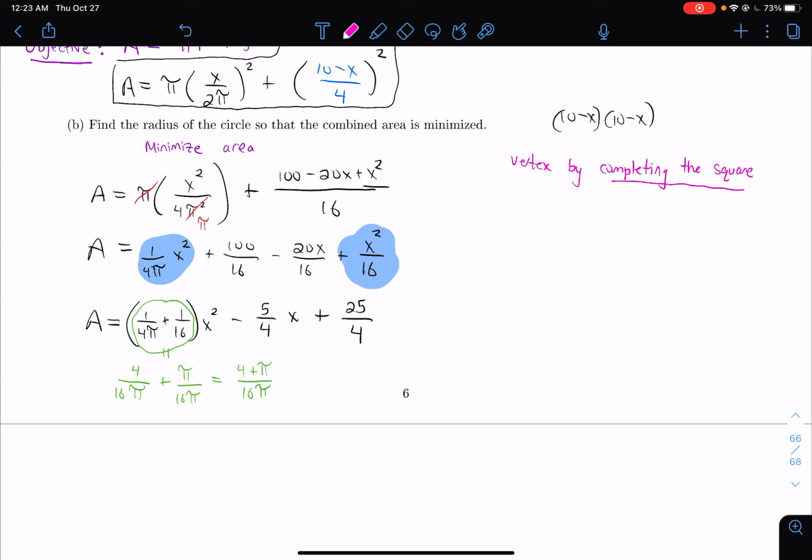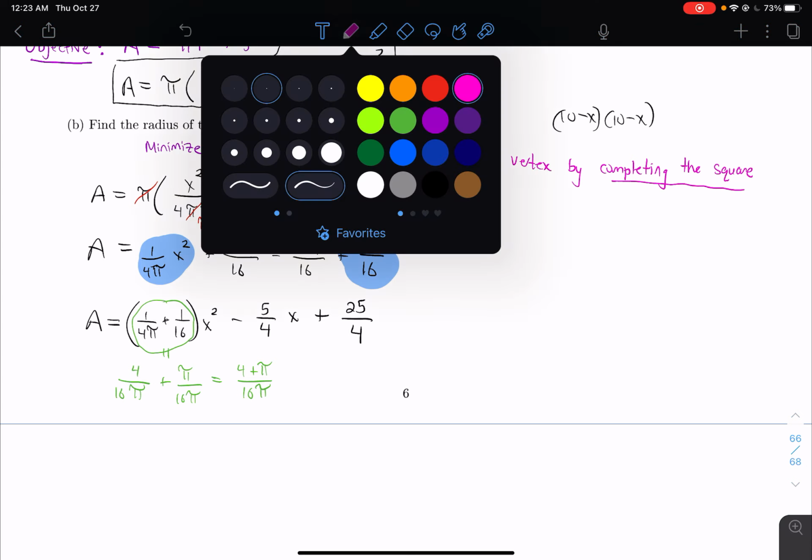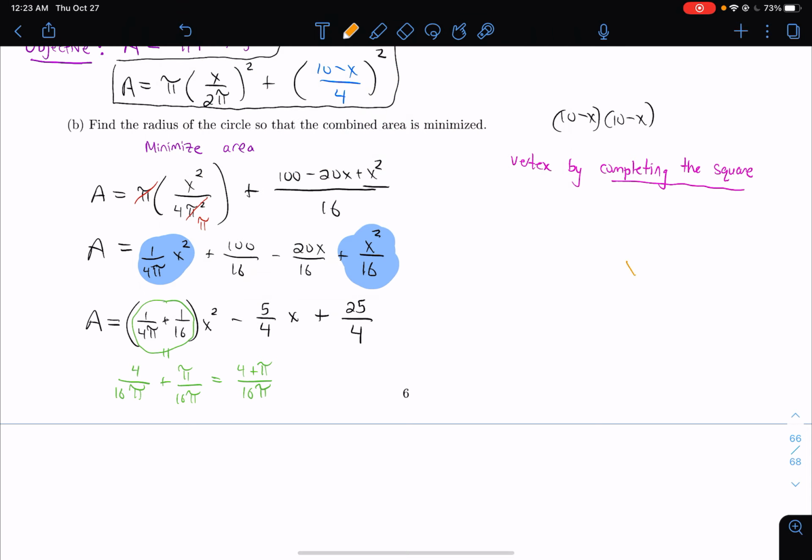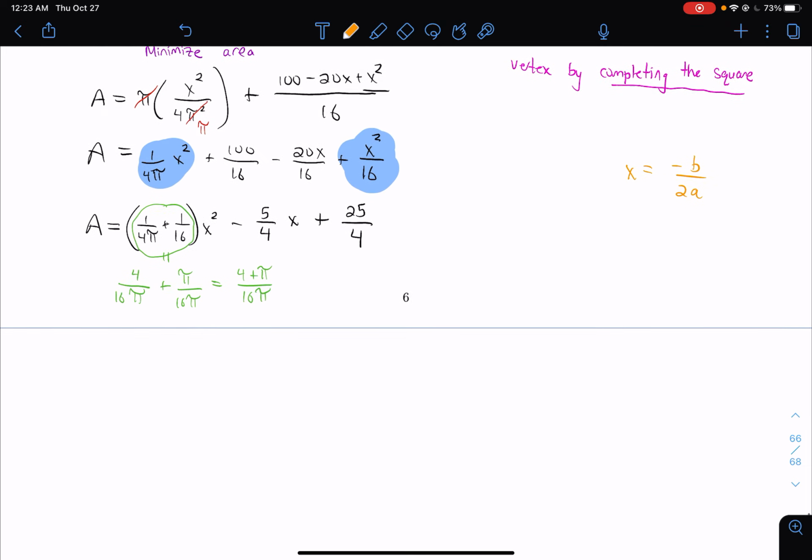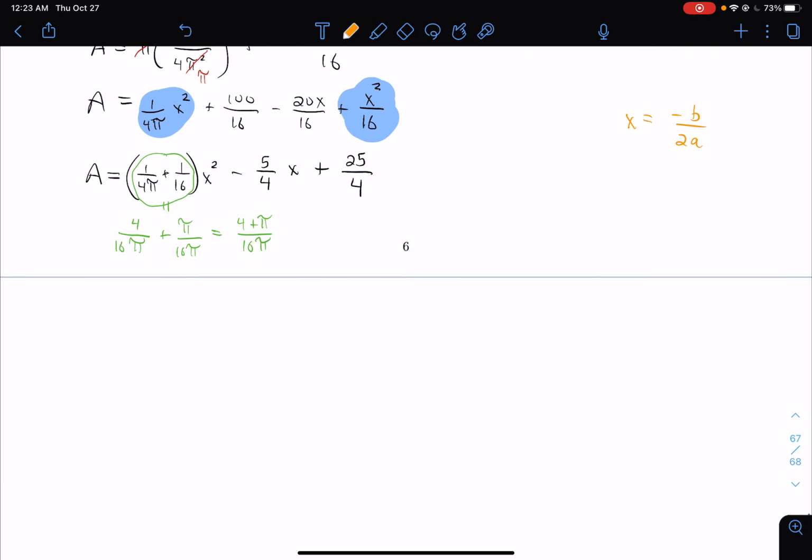If you know the vertex formula, for that x coordinate, which is like x equals negative b over 2a, you could use that to check your answer, but I'll be direct in the instructions on the homework that I want you to complete the square. But we could use the vertex formula to check our answer. Okay, so I'm gonna have to complete the square with this.